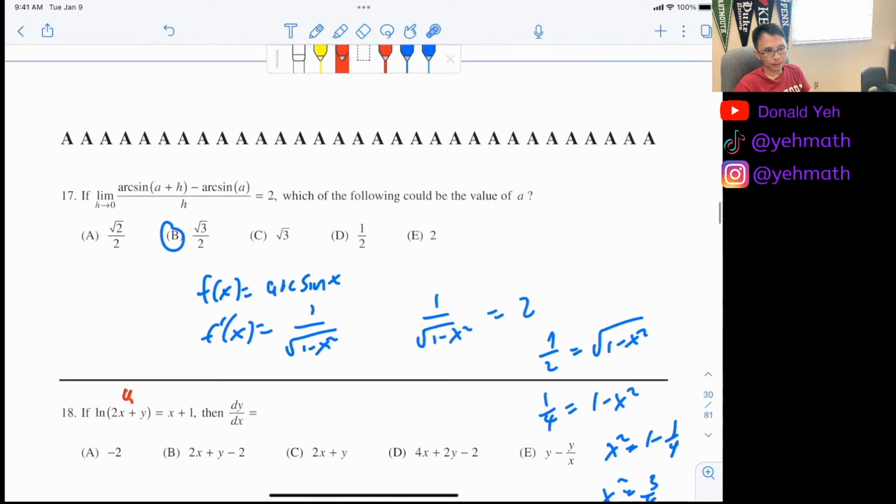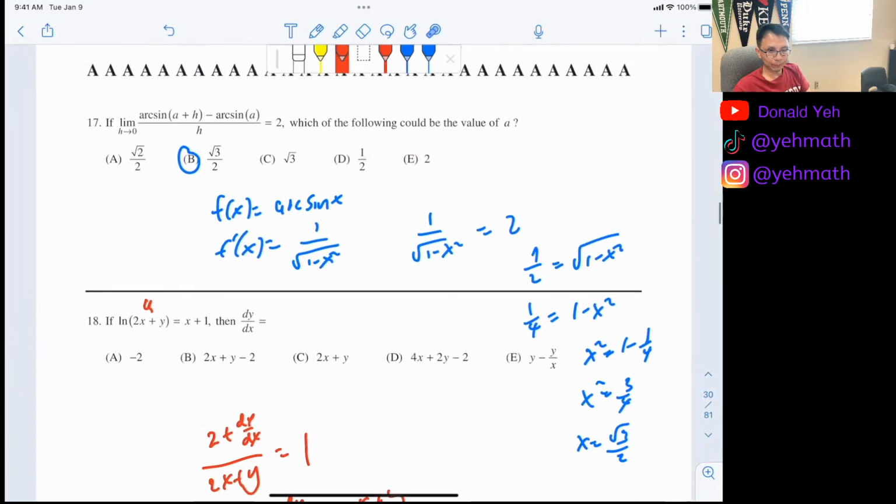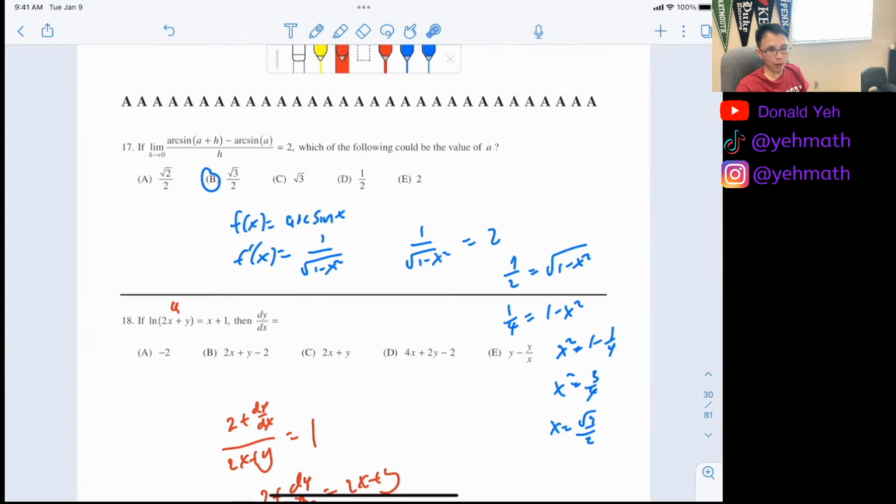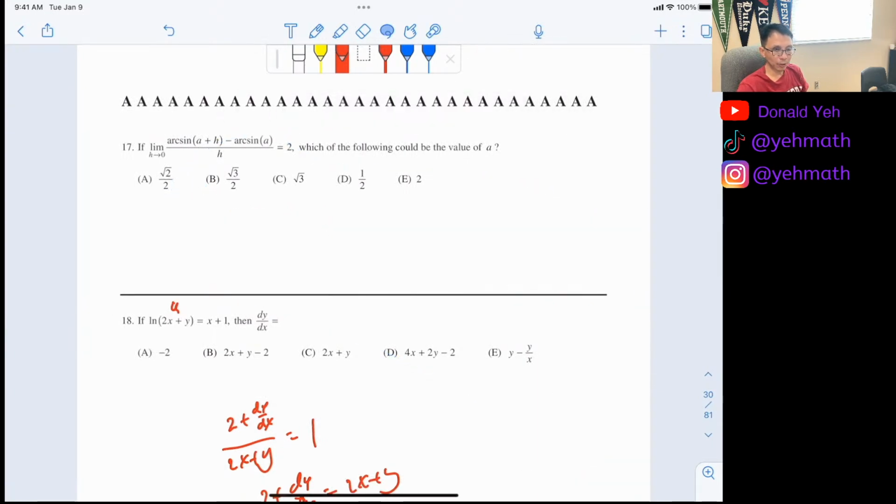Sure. Oh, 17 is a good one. Now, 17 is one of the things you have to memorize for the test. Why? You should memorize this format. Every time you see the h, it's only one thing. The limit as h approaches 0 of f of x plus h minus f of x over h is equal to f prime of x.